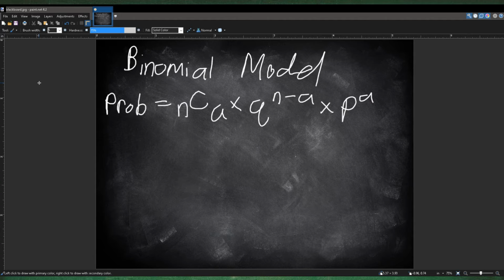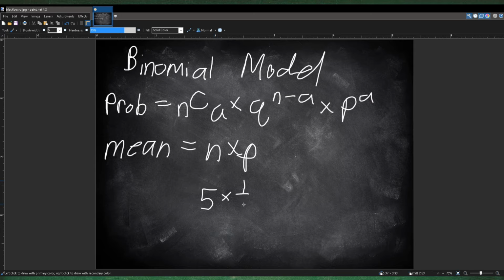To get the mean for a binomial model, the mean is equal to n, which is the number of trials, times the probability that you want to occur. So n, in your case, is 5 trials, and you want 2 to be heads. What's the probability that you get heads? It's 1/2, right?